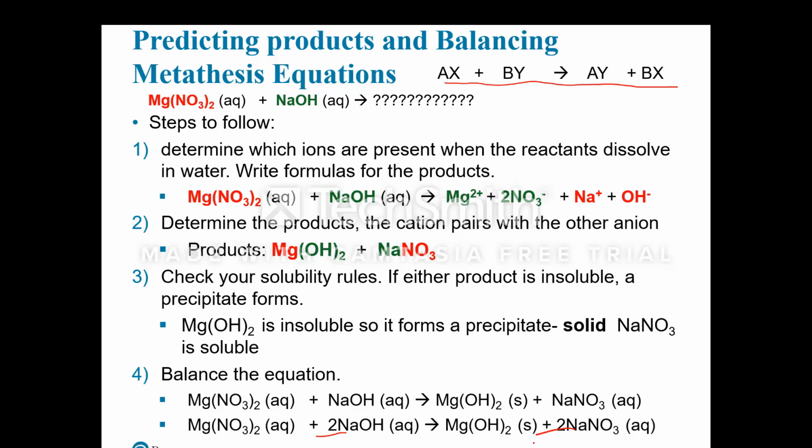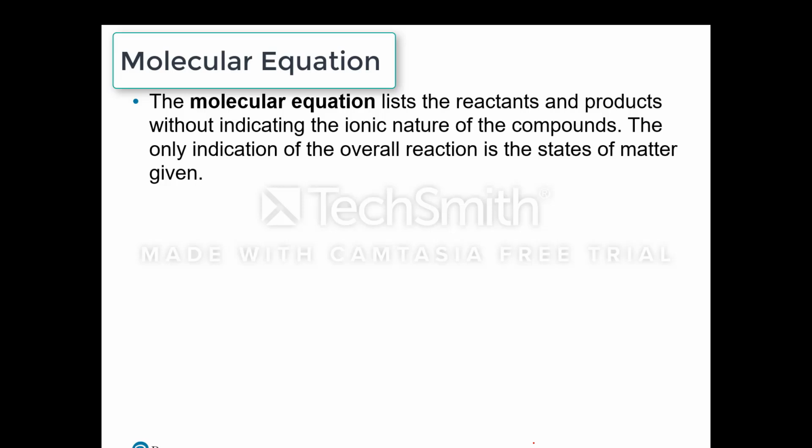There are a few ways to write metathesis reactions. First is what we've been writing all along. This is what we call the molecular equation, with the reactants on the left and the products on the right, without indicating the ionic nature of the compounds, only giving the overall reaction with states of matter.